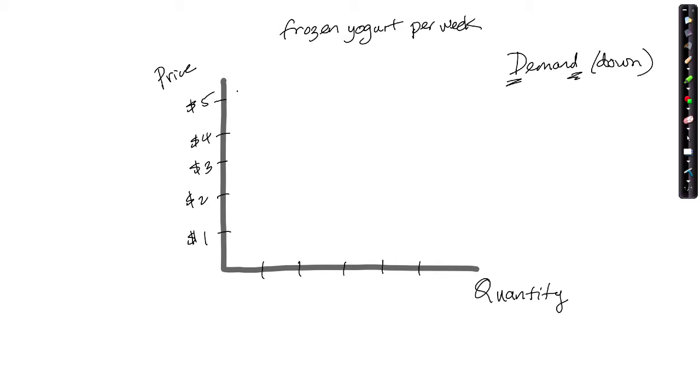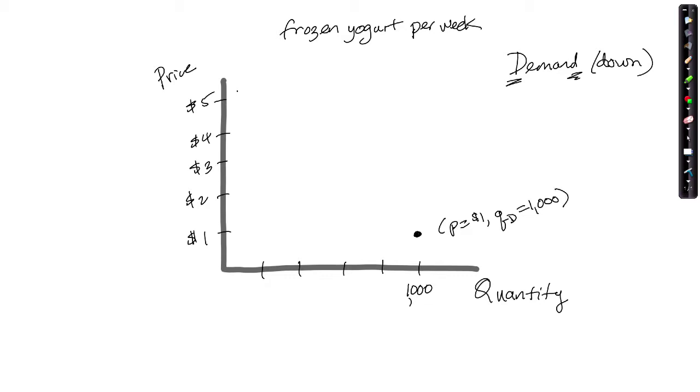We added up their answers, 0 plus 6 plus 1 plus whatever else, and we found that at a price of $1, the quantity demanded in the market is, say, 1,000 cups. I can capture that information, that at a price of $1, there's 1,000 cups of frozen yogurt demanded per week, graphically with this one dot. So this dot is telling me that when the price equals $1, the quantity demanded equals 1,000.